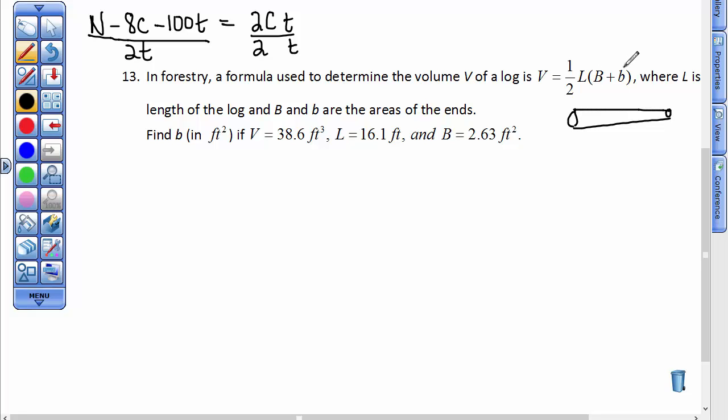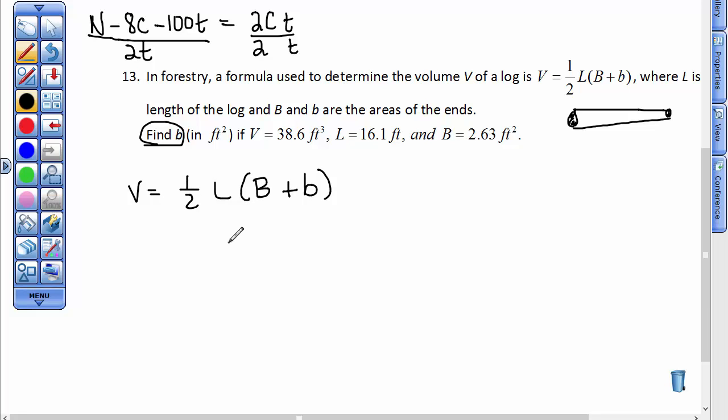So this B and this b are the areas of these ends right here. They gave us V, they gave us L, they gave us big B, and they want us to find little b.